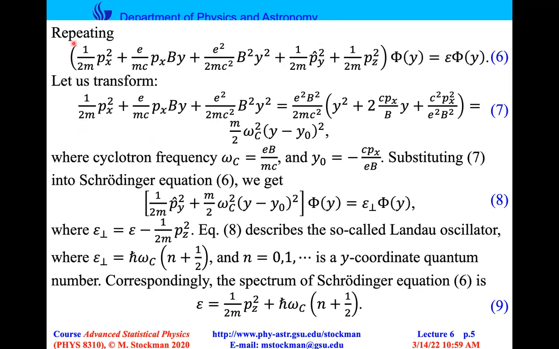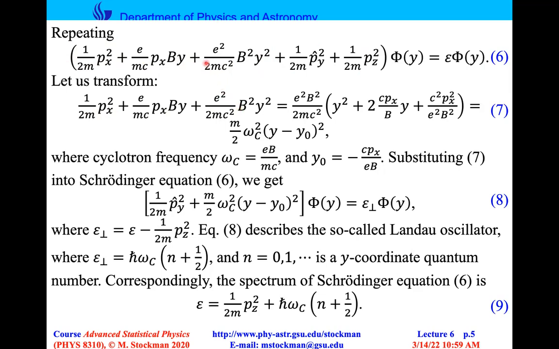Next slide. I'm repeating the last formula on the previous page. So this is the Schrödinger equation when I substituted the vector potential. Now let us do an identical transformation. I'm transforming these three terms. I'm repeating them here.